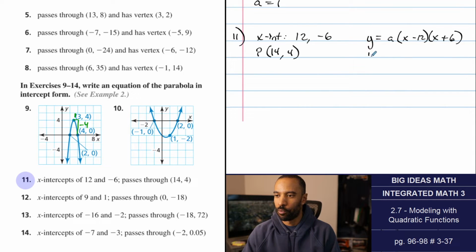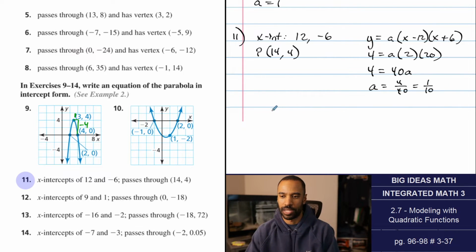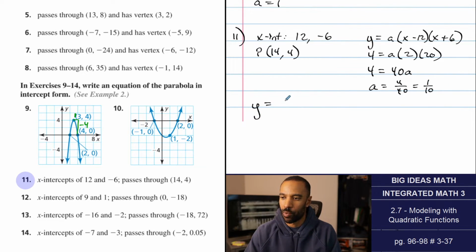Let's plug in 4 for y, 14 for x. 14 minus 12 is 2, 14 plus 6 is 20. So we get 4 equals 40a, and therefore a is 4 over 40, which is 1/10, or 0.1. I'm going to leave it as 1/10. So our final equation is y equals 1/10 times x minus 12 times x plus 6.